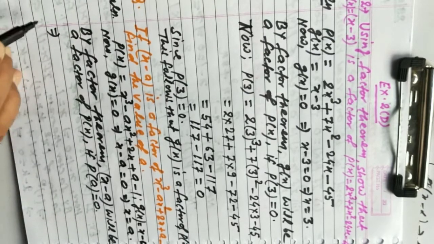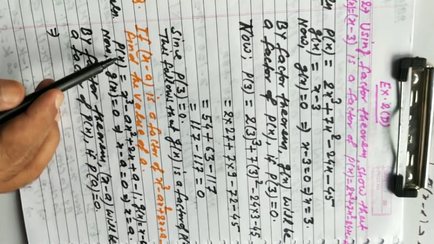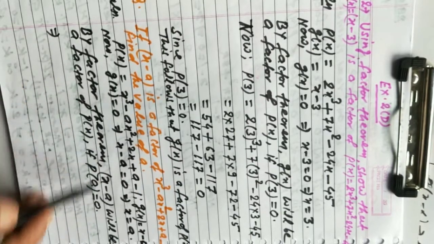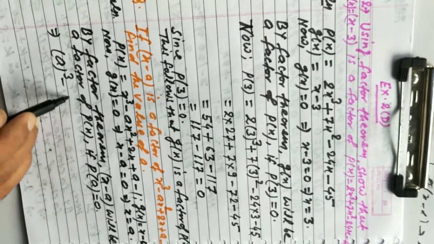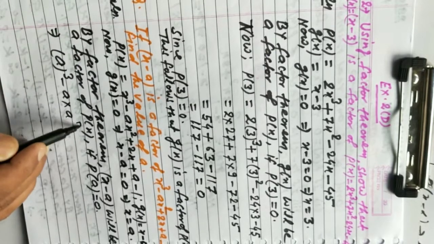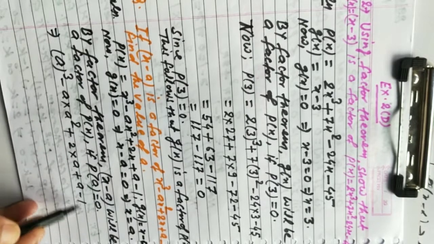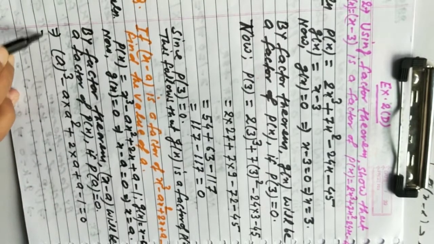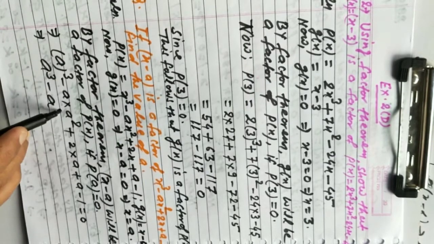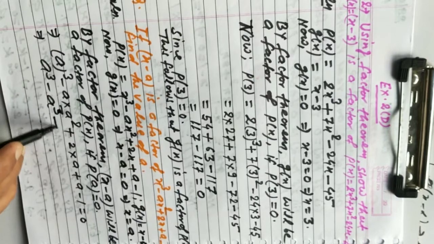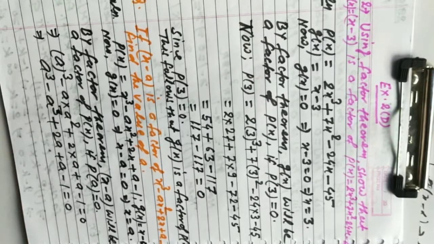This implies that now replace every x in the polynomial in x by a. So there will be a cube minus a into a square plus 2 into a plus a minus 1 will be equal to 0. So it will be a cube minus a multiplied by a square, which is a cube, plus 2a plus a minus 1 is equal to 0.